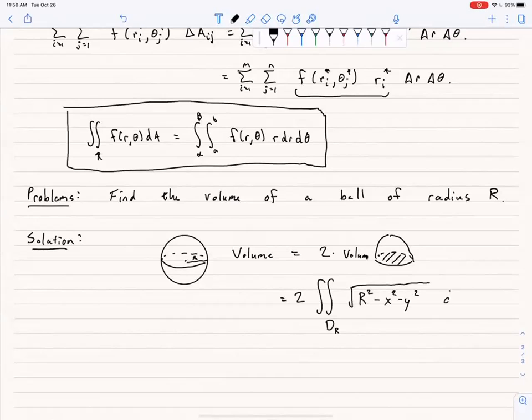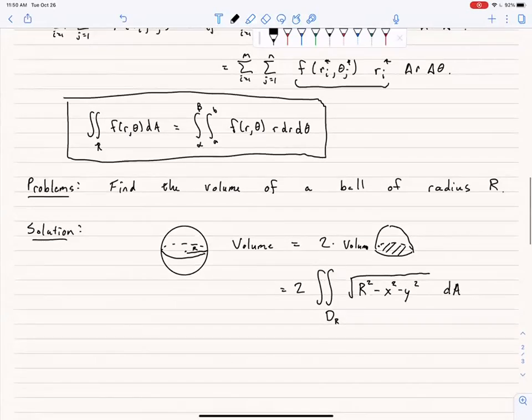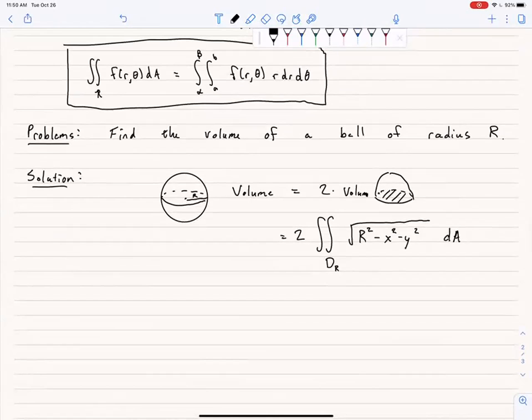So where do I get this function? This function is because we know that the equation for the sphere is just this. And if we subtract x squared plus y squared from both sides and take square roots, we'll get the upper hemisphere. So we've written down our volume in terms of a double integral.